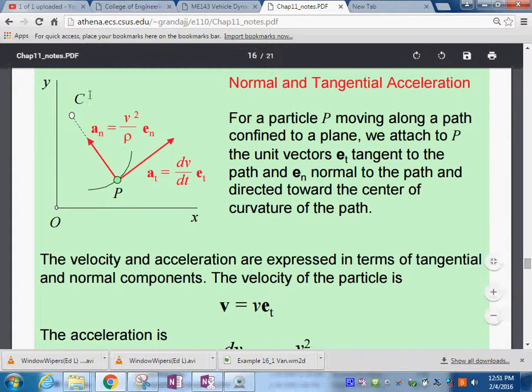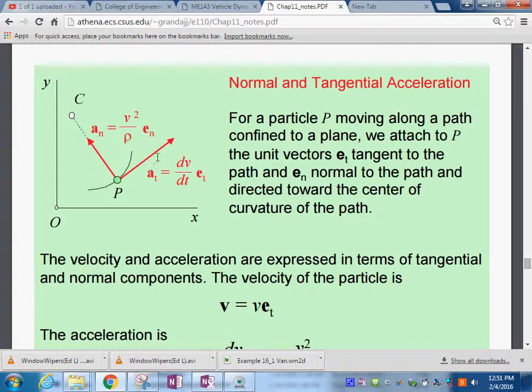e_t is the vector in the tangential direction, and e_n is in the, one is in the perpendicular direction and the other one is towards the point.